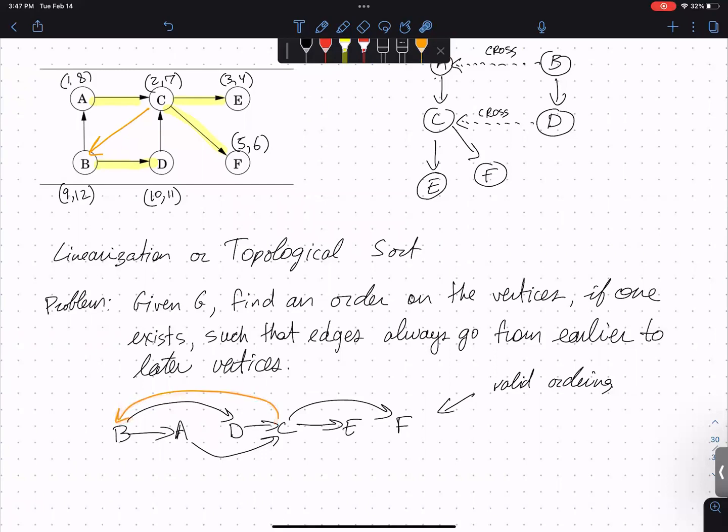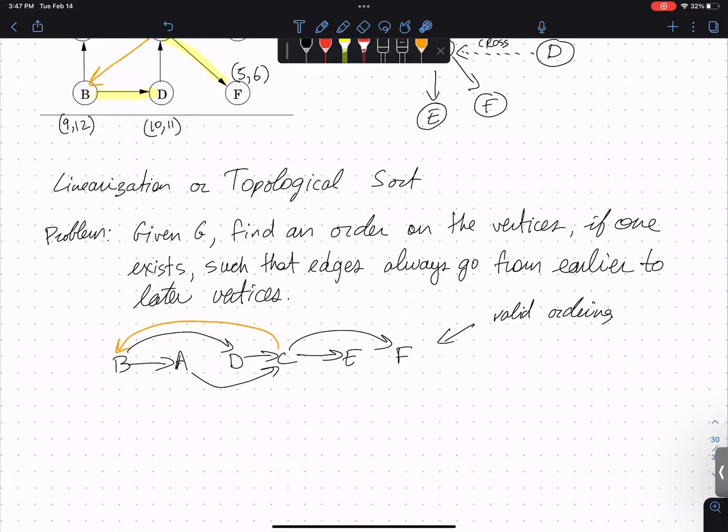But could there possibly be another ordering that's valid? No. Think about how this cycle, CBD, would look. In some ordering, you give some ordering. Well, it's a cycle, so you might be going from left to right, but at some point, you'll have to revisit the original vertex again, the first vertex. So at some point, you'll have to go from right to left.